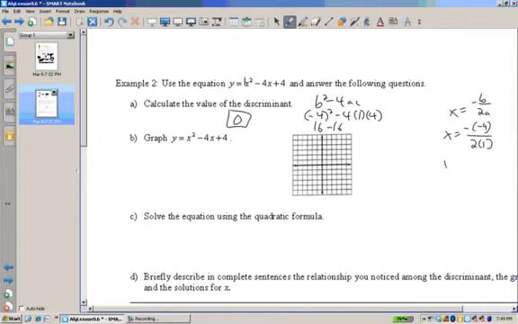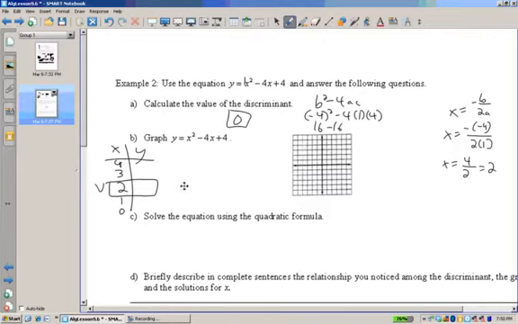The opposite of negative 4, that's positive 4, divided by 2 is 2. So that will be the x-coordinate of my vertex. It's also going to be the center of my table of values here. So I'm going to go up 1, up 2, down 1, down 2 on my table of values.